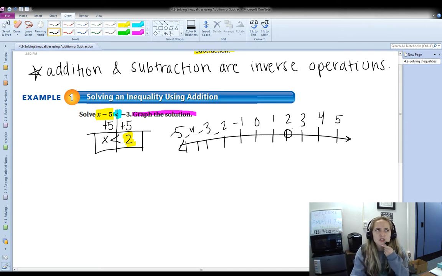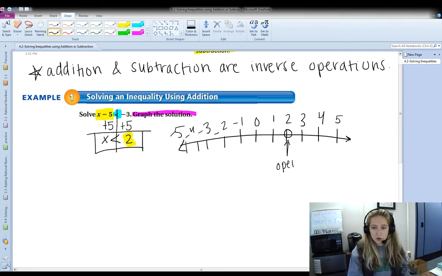Think back to 4.1 and actually go back into your notes and look. Do we need to leave the circle open or should we fill it in? And how do we know that? Go back to your 4.1 notes and let me know. I hope from your notes you notice that there is no line underneath this inequality symbol. Therefore, you need to leave this circle open.